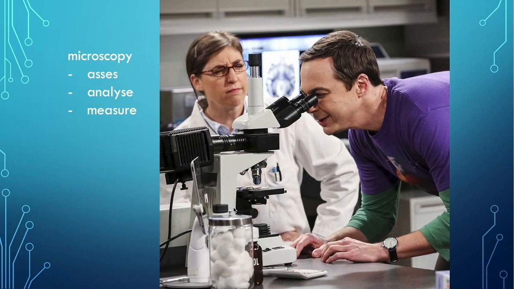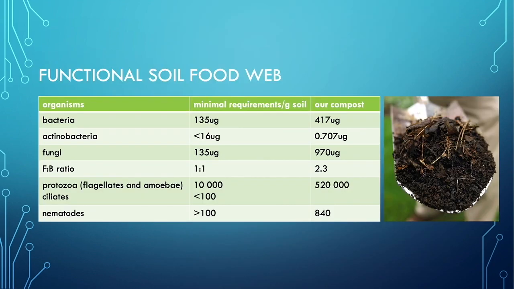So of course, you always want to have this analyzed. You can send samples for analysis because I do a whole soil food web analysis, where you assess it and measure the soil food web organisms. And this is just a table to show you the exact minimal requirements that we need, these numbers.